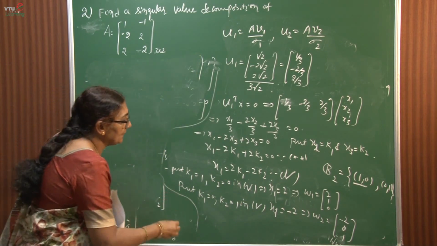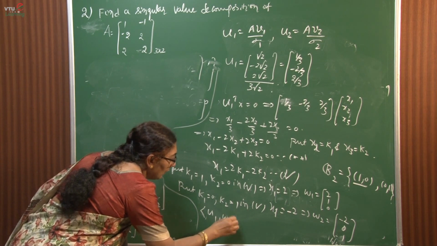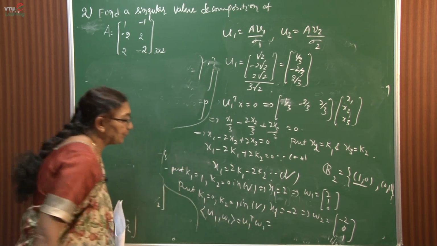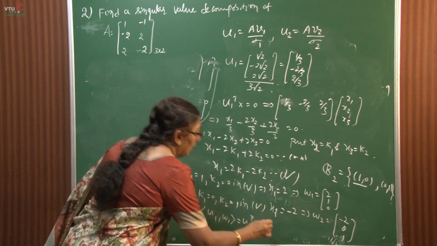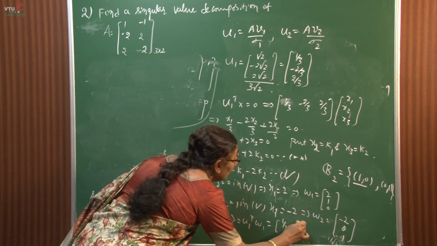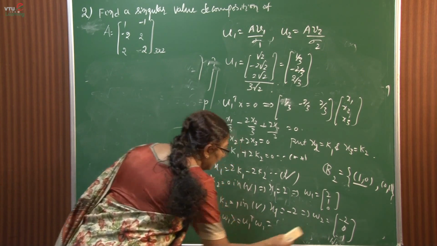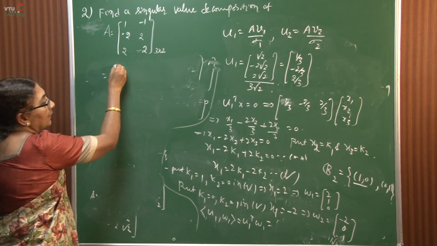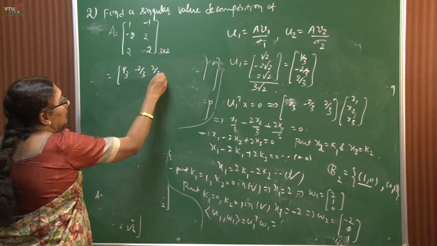I told you already, definitely it is orthogonal, 100%. Now take the inner product of U1 comma W1, which is U1 transpose into W1. What is U1? This is my U1: 1 by 3, minus 2 by 3, 2 by 3. I don't have space, I'll write it in the next step. That value is 1 by 3, minus 2 by 3 and 2 by 3.